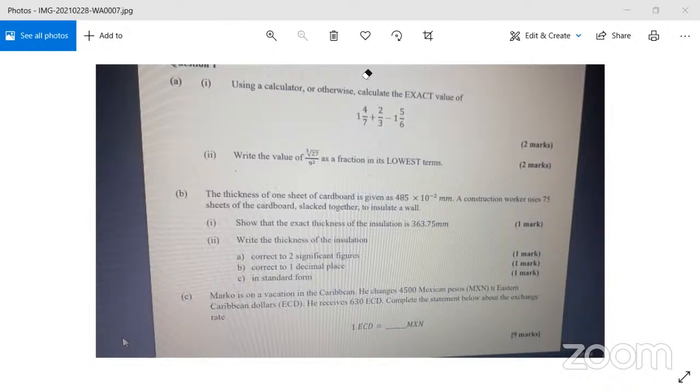Because one of the problems with these types of questions is this. You probably want to deal with this first, and then of course include this after, right? So maybe we want to leave the 1 and 5/6 for last.